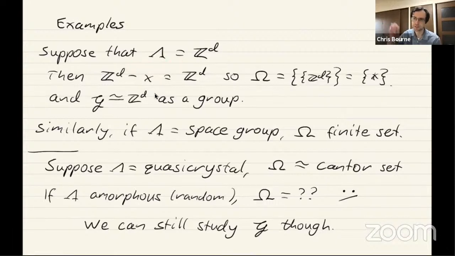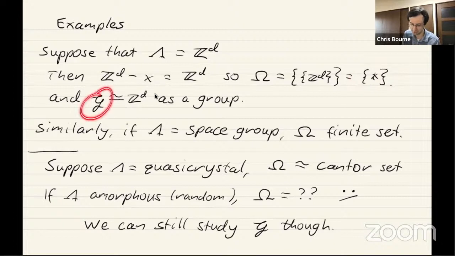But of course, if I shift the integers by an integer, then I still just get the integers. So I don't actually get any new sets here. So this space omega is just going to be a single element, the set Z^d. So it's just a point.